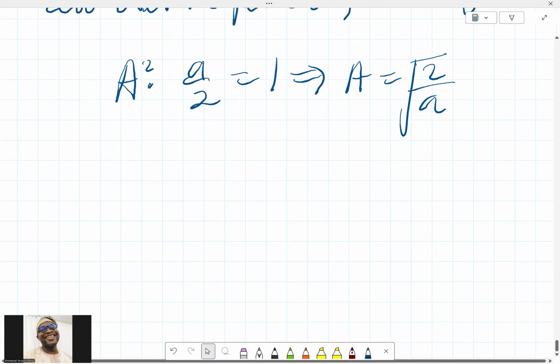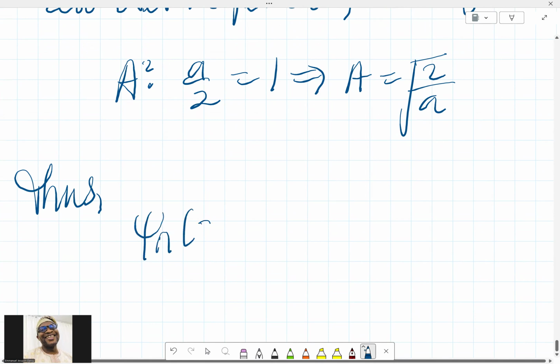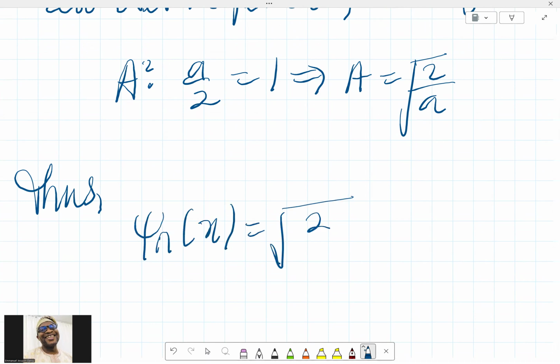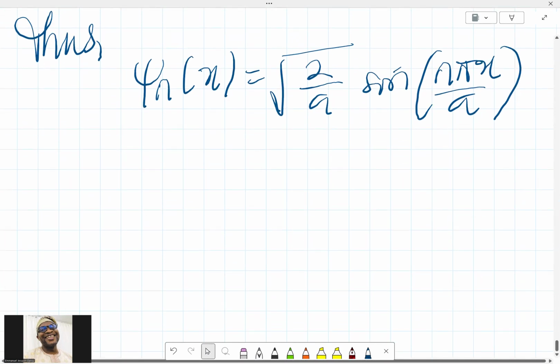All right, so thus psi n of x is equal to the square root of 2 over a times sine n pi x over a. That's the answer. What's the interpretation?